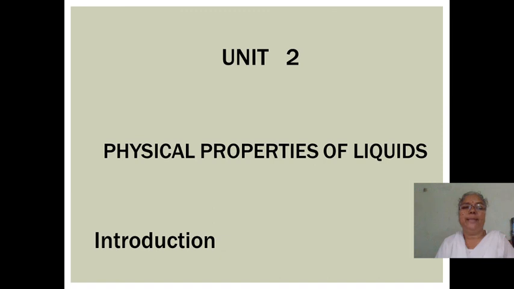Then the second physical property that you will learn is surface tension and how it is determined. Then what are parachor and optical exaltation. There are also some properties including the refractive index, Snell's law, etc. We will see later on.